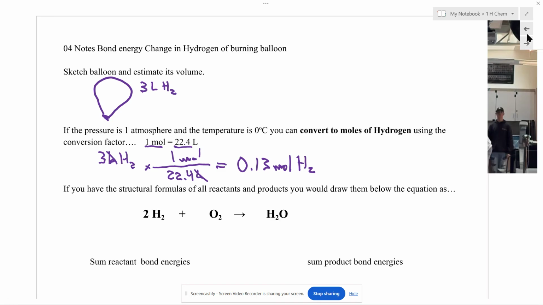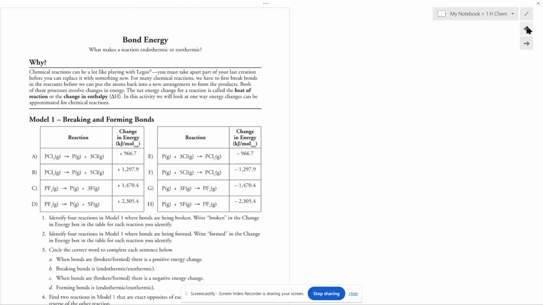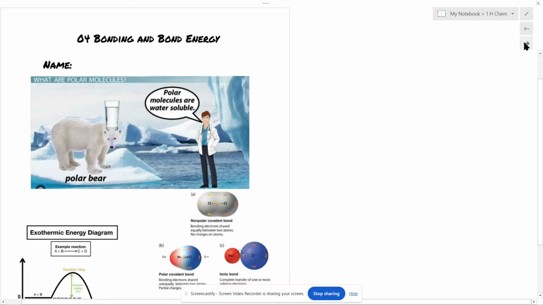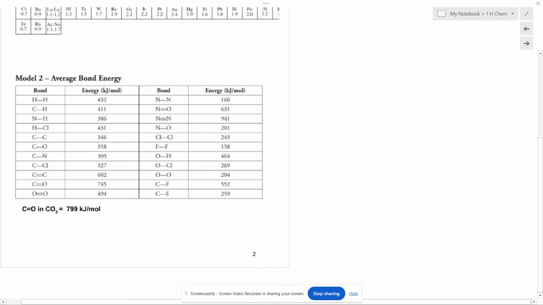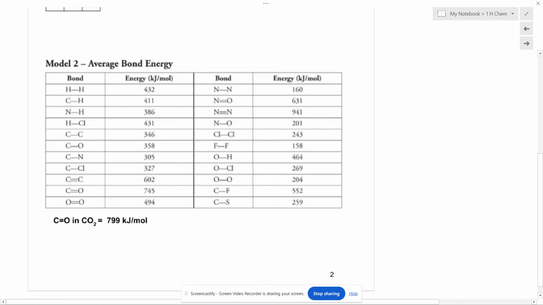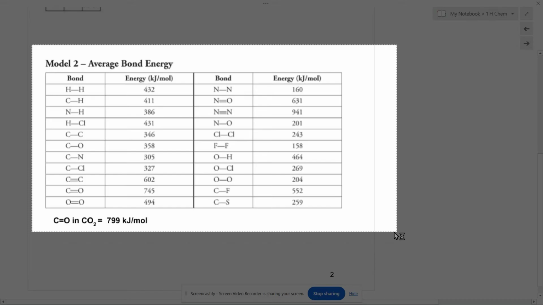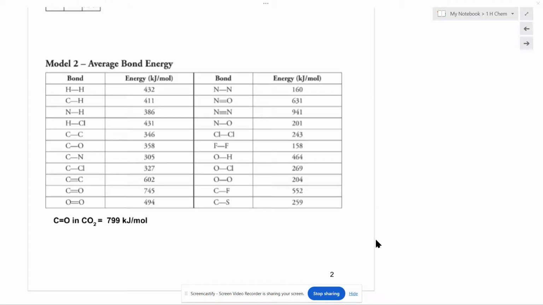Now, I'm going to have to go back to page 2 of your work packet. You remember you have this page that has bond energy tables. And we're just going to grab that real quick, and you are going to want to be sure you can find that because you're going to be using that in this assignment today. So we've grabbed that.